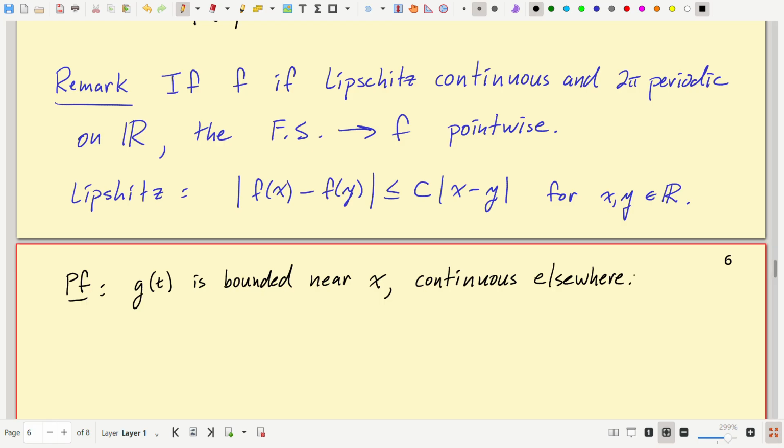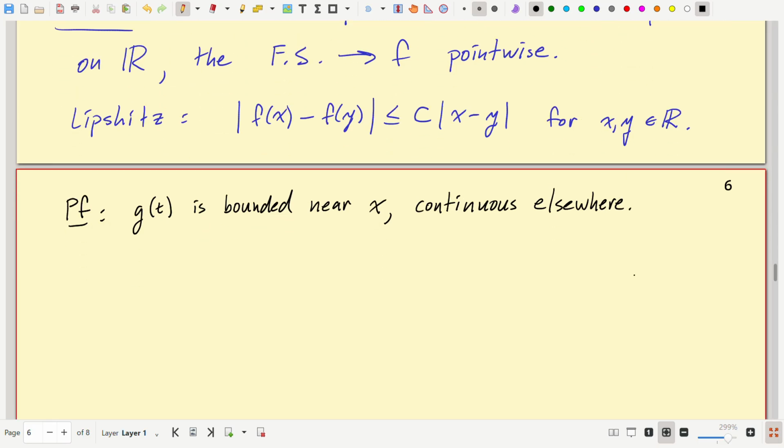So in fact, I don't want to get bogged down in fancier proofs, but this is called the Riemann-Lebesgue lemma. What is g of t? It's that thing I started out with in the beginning. g of t here is f of x minus t minus f of x, over sine of t over 2.